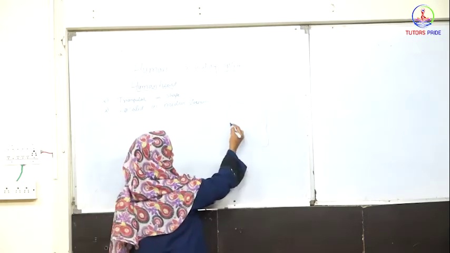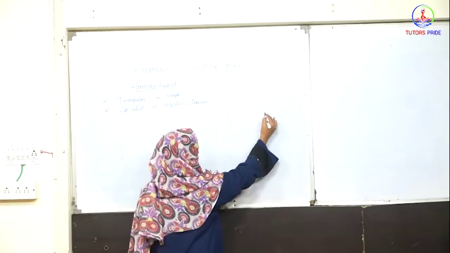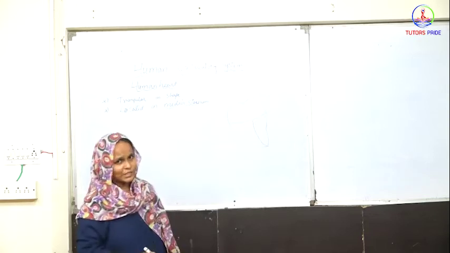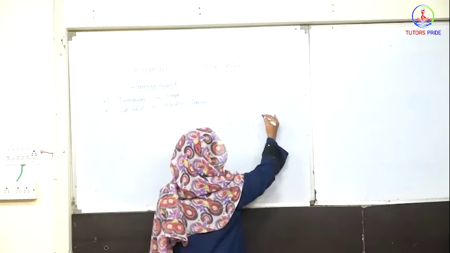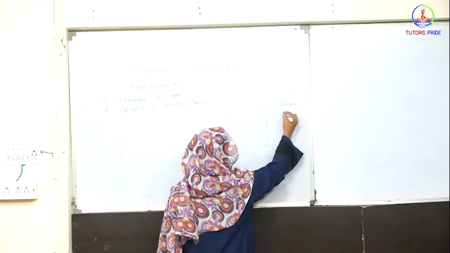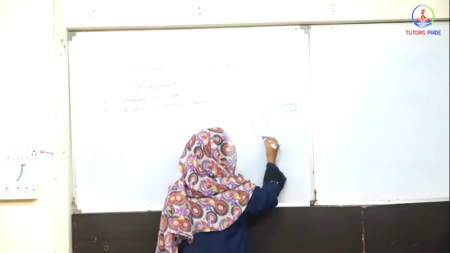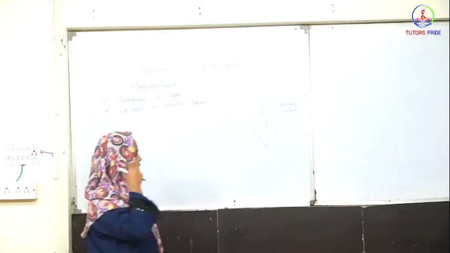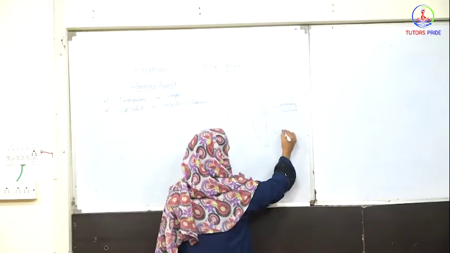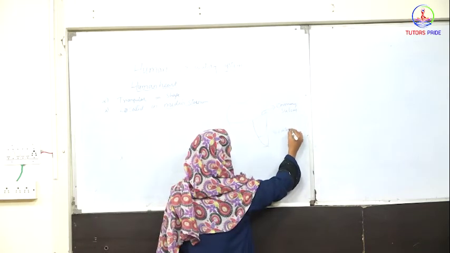From the outer side we will be seeing two depressions. The first depression is the coronary sulcus and the second depression is the interventricular sulcus.